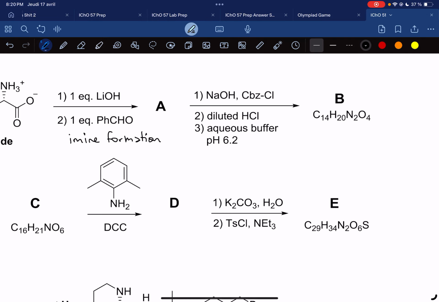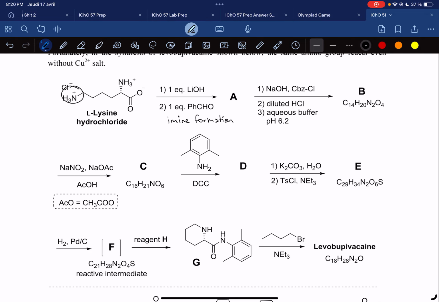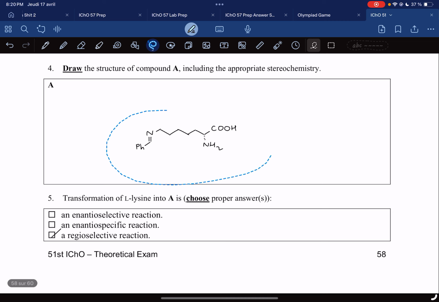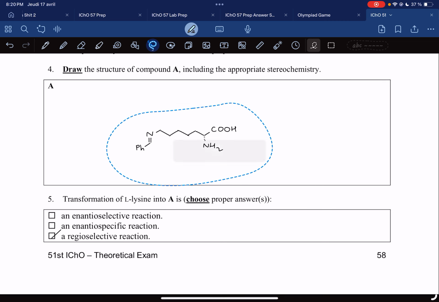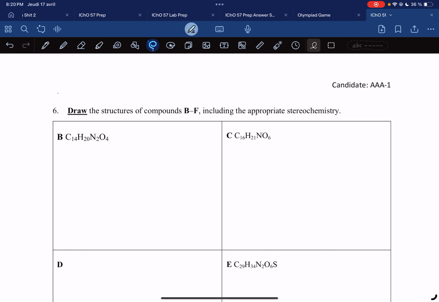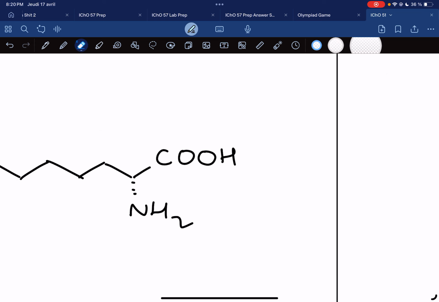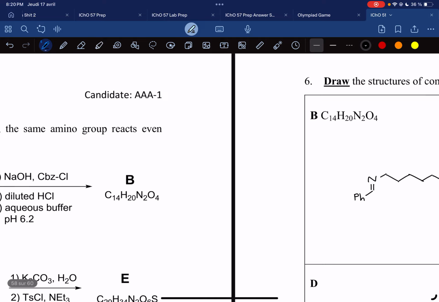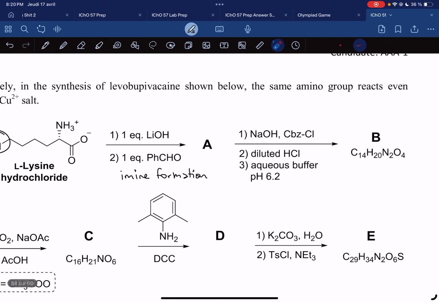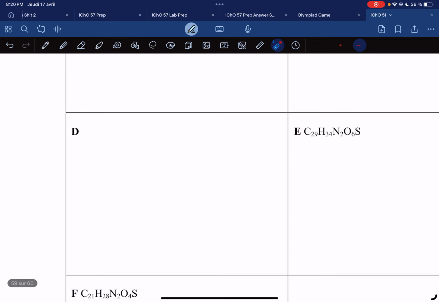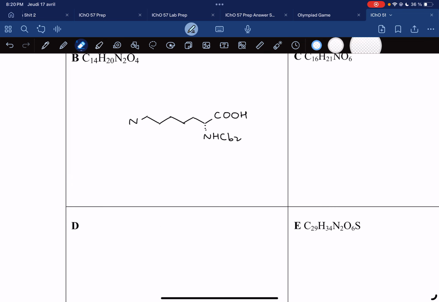Okay, then from A to B, we treat it with sodium hydroxide and CBZ chloride, so that's just going to protect this amine, NHCBZ, and then we treat it with dilute hydrochloric acid. That's just going to take that group away.